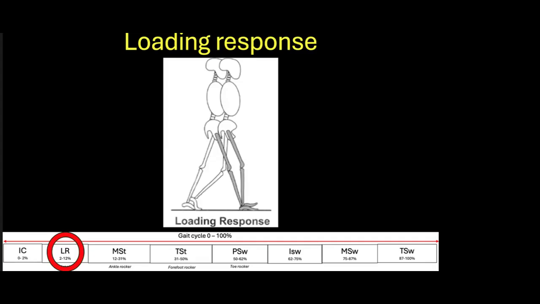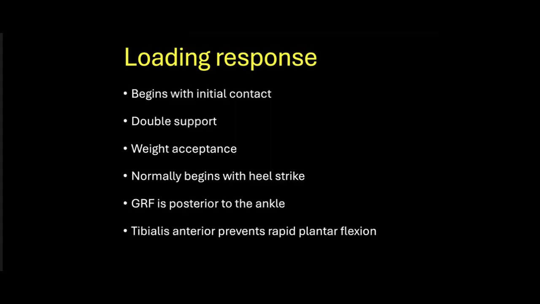So just as our body touches the ground, the ground will exert an equal and opposite force back on the body. This is what is called GRF, or ground reaction force. So loading response is basically the response of our body to the ground reaction force. In a way, loading response is like our body preparing to accept the ground reaction force.